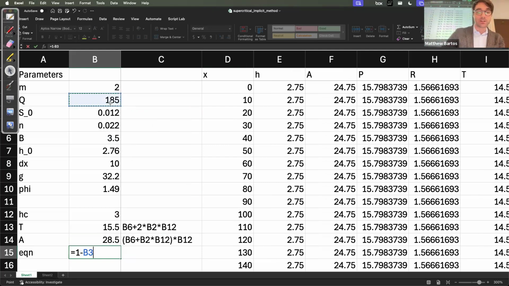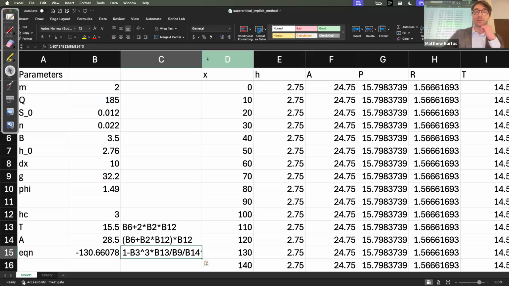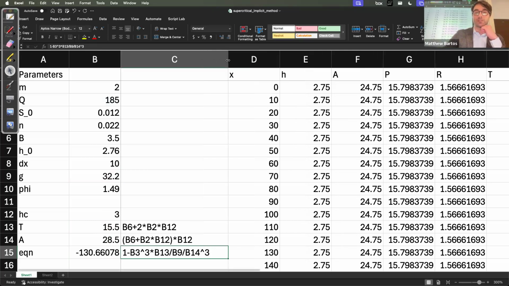1 minus the discharge cubed times the top width divided by the acceleration due to gravity. It's B9 divided by the cross-sectional area cubed. And I'll paste this to the side for you. And now we can solve for the critical depth using goal-seek or solver.